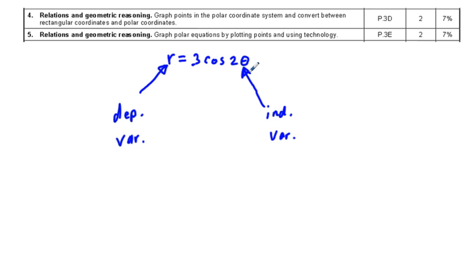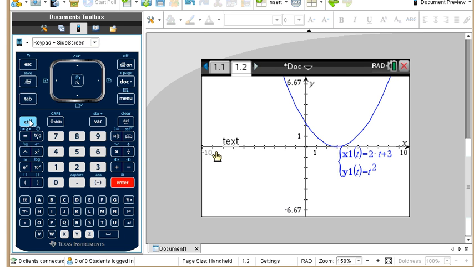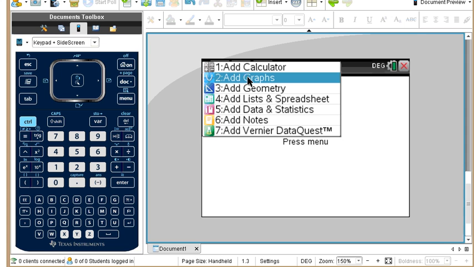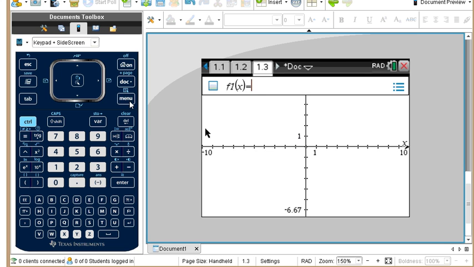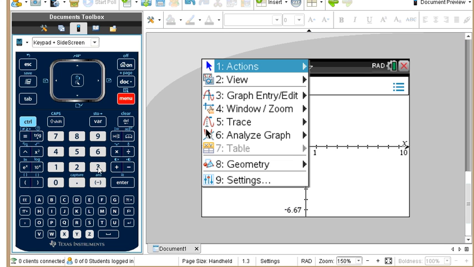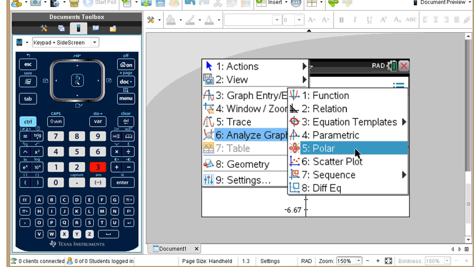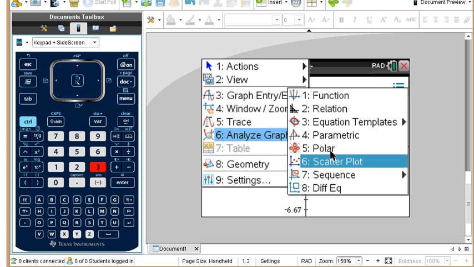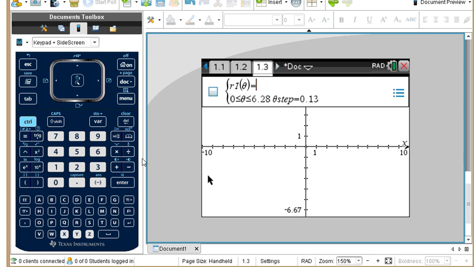So the radius depends on what the angle is. And I'm just going to graph this in the calculator. So we go Control I, add graph, and we're going to go to menu 3, and we're going to go to polar equation 5.